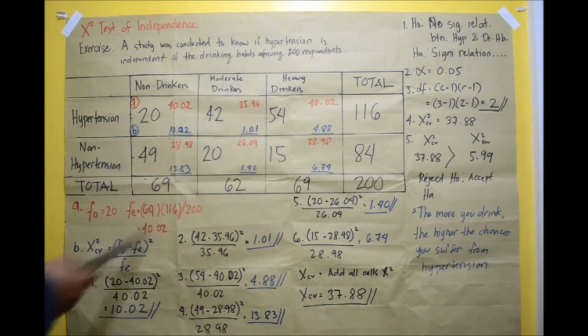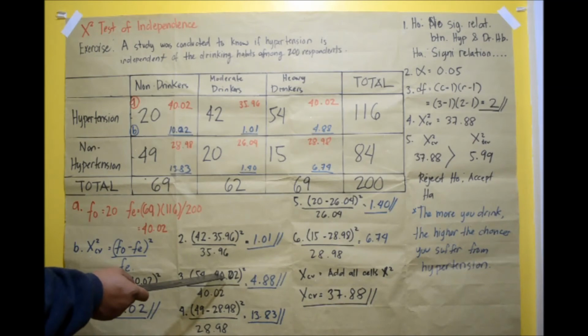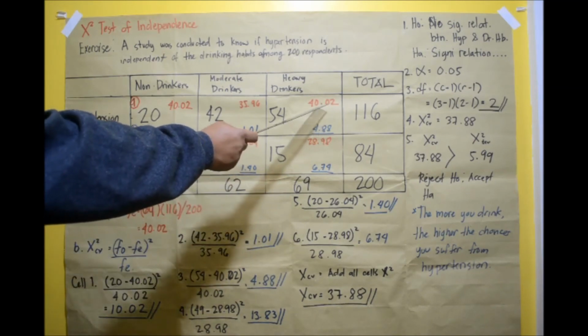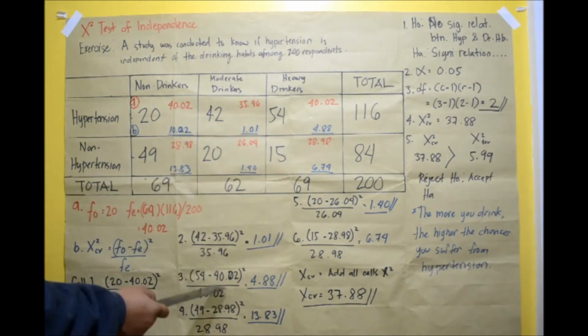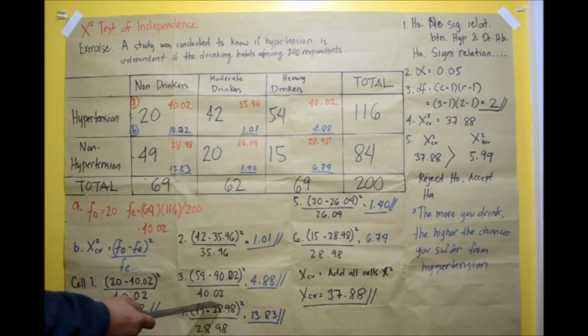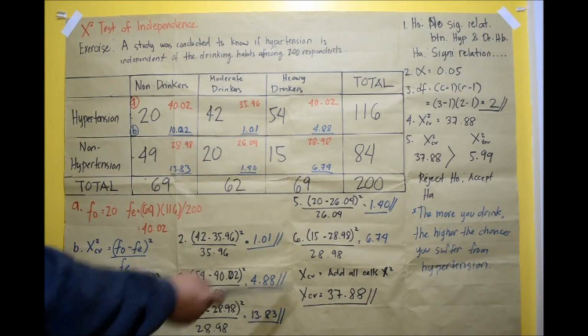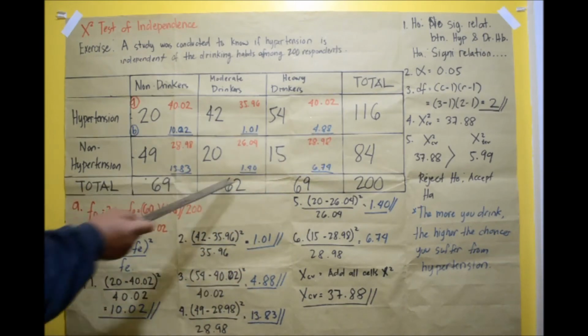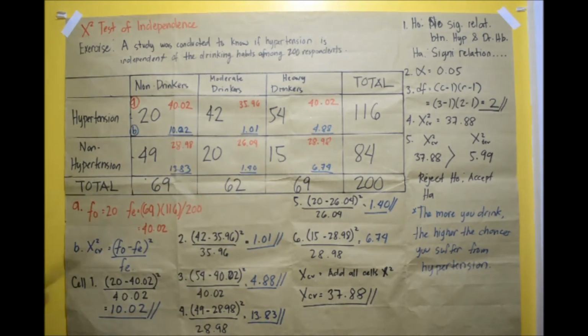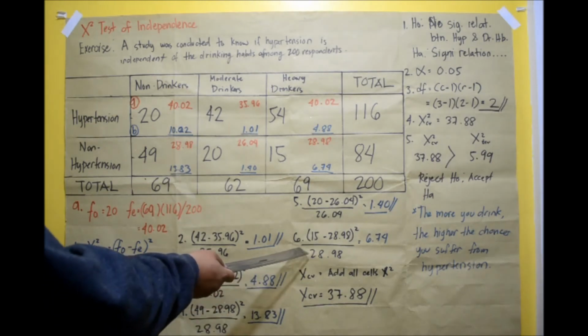So this is the observed, FO, 54, minus the expected frequency, FE, 40.02, squared, divided by 40.02. That gives 4.88. Now, let's jump directly to cell number 6.